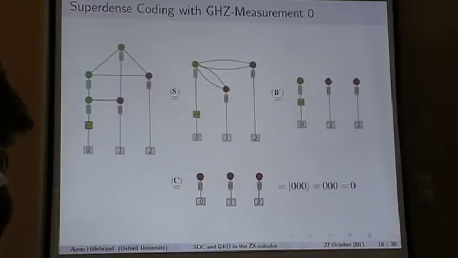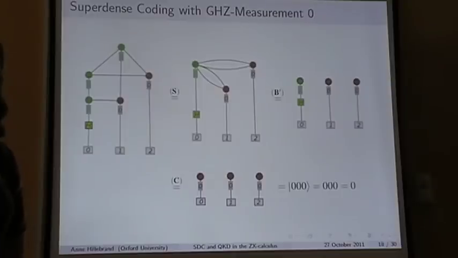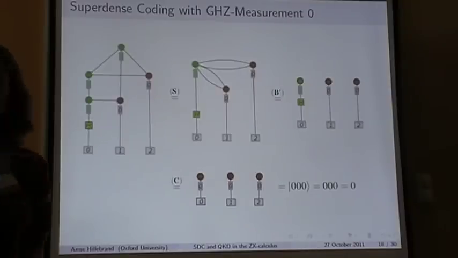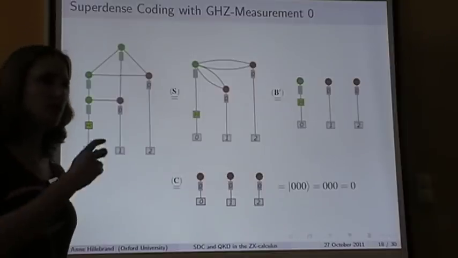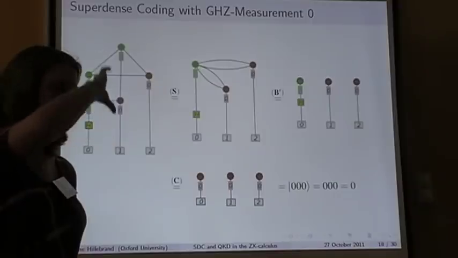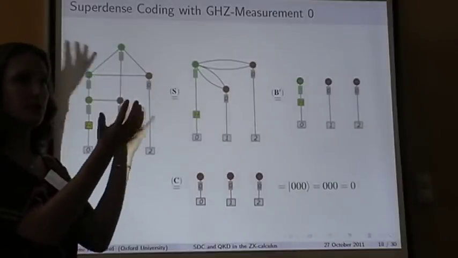If you want to deal with some more complicated classical reasoning, do you think it's possible to actually include such classical communication in your diagrammatic targets? It's sort of included, for example in the teleportation protocol, where you need classical communication to correct for your measurement outcome.